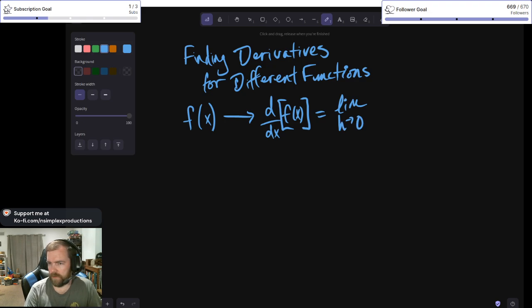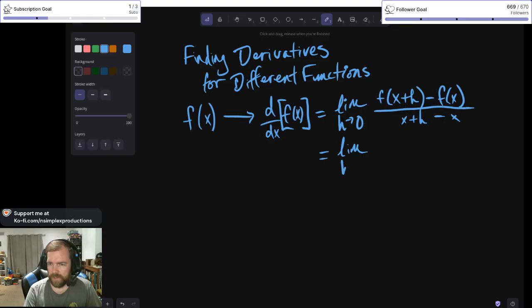of f of x plus h minus f of x all over x plus h minus x. Or, in order to shortcut that, let's say the limit as h goes to 0 of f of x plus h minus f of x all over h.